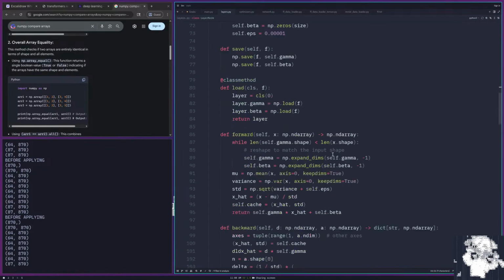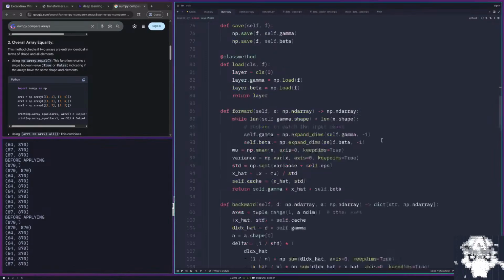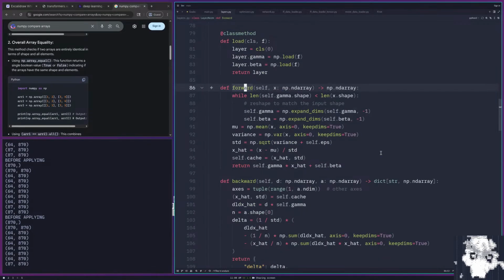So what's going on in layer norm? And then it kept this extra dimension the whole way through. So something's rotten in the state of layer norm forward.